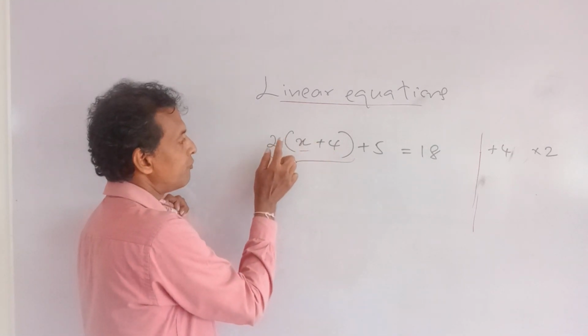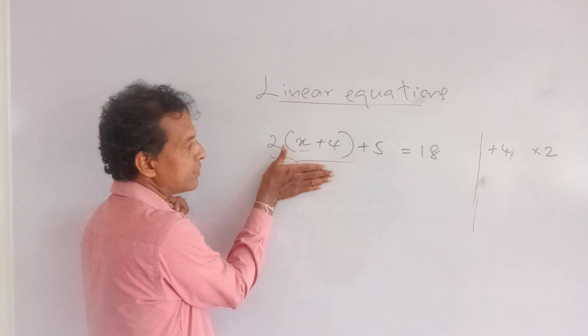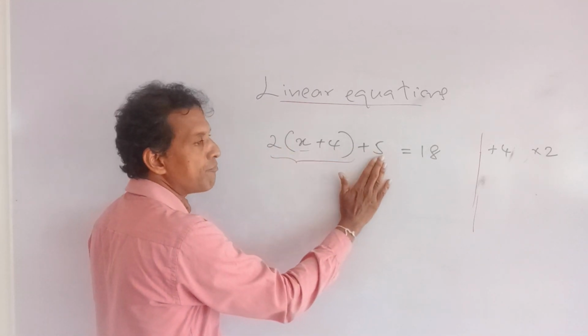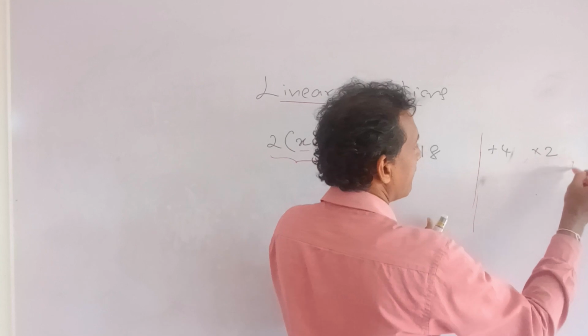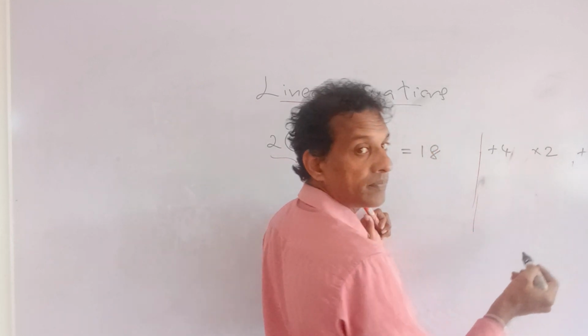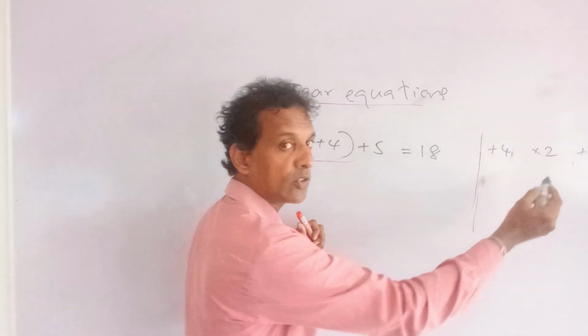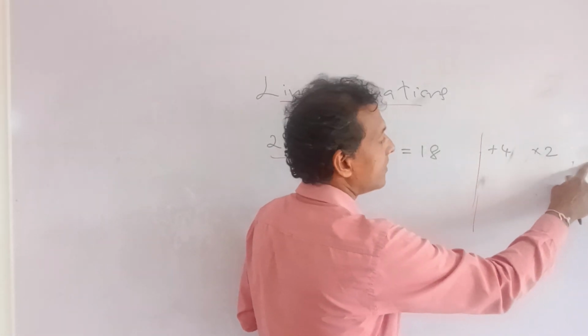Once you finish multiplying the whole thing by 2, the next operation is add 5. So it's plus 5 here.